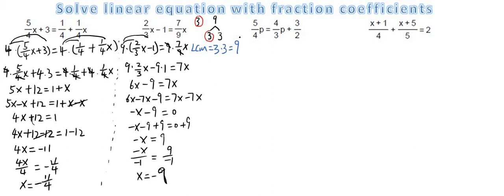Now let's take a look at the third example. In the third example, we have 3 denominators: 2, 3, 4. So how to find the least common multiple for these 3 denominators? Still, we're gonna use the factoring method. 4 can be factored as 2 times 2. Now we can find the common factors.